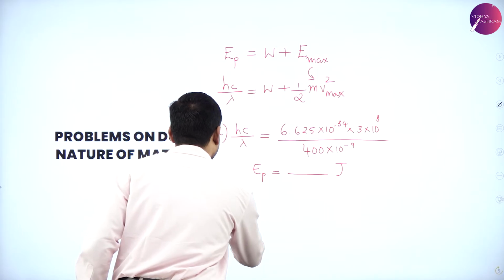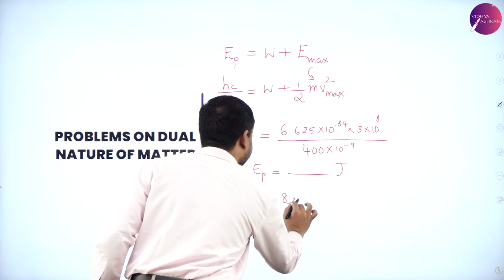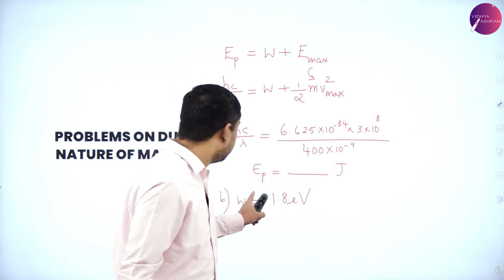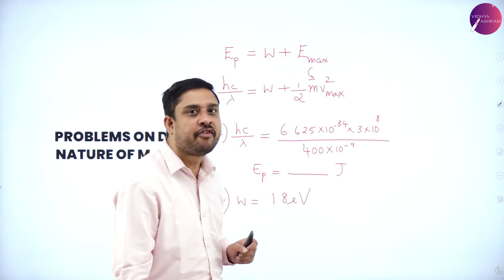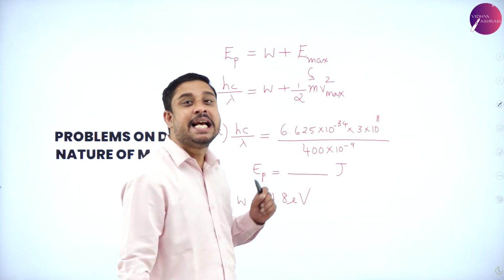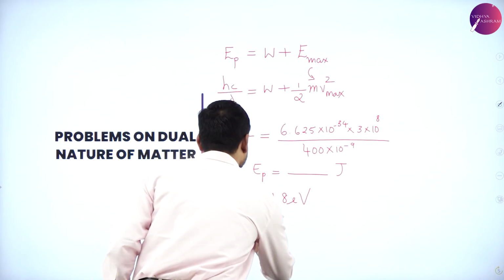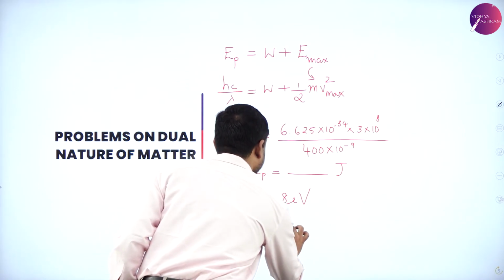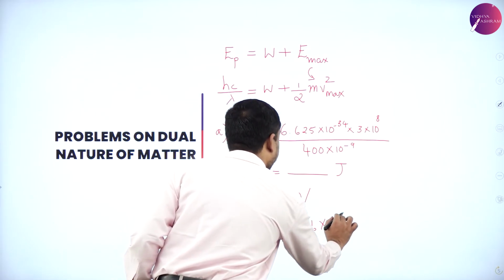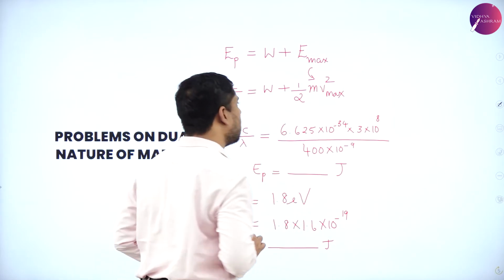B, work function is given, 1.8 electron volt. Now look here, work function is in terms of electron volt. Now energy in SI scale, joule, which means this is 1.8 into 1.6 into 10 power minus 19, so many joule.